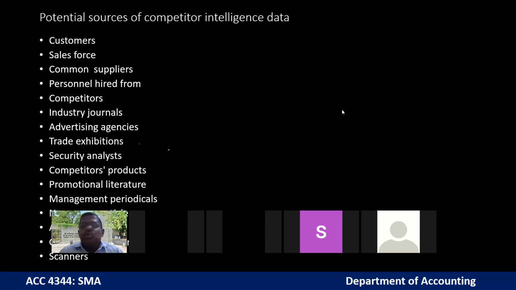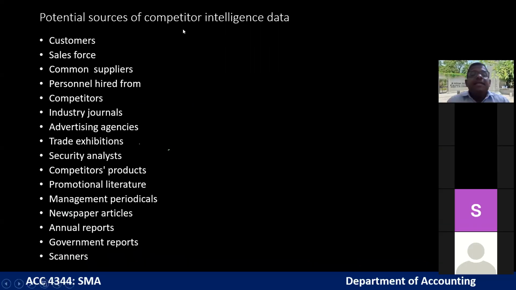Potential sources of competitor intelligence data: so where can you get the data? I don't think that by visiting your competitor itself you can get the information. But you need to look at different sources and analyze them. You have to look at those sources in a critical way.